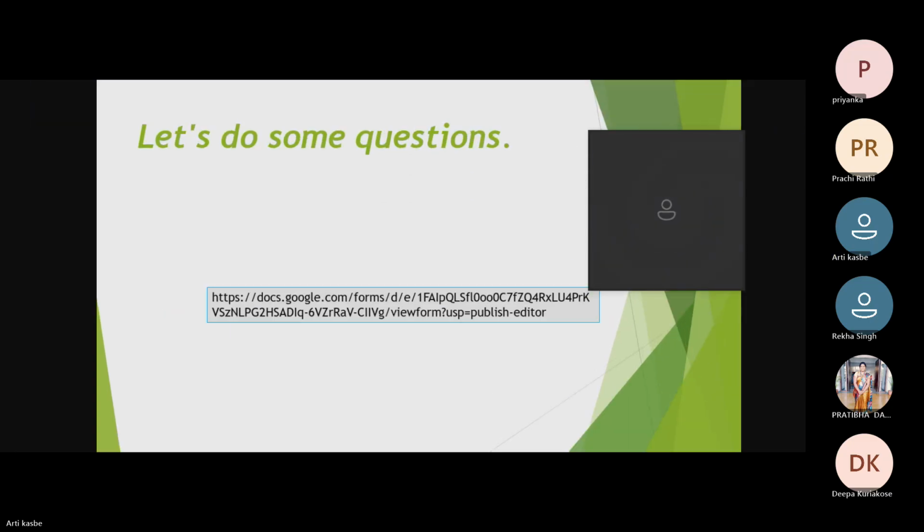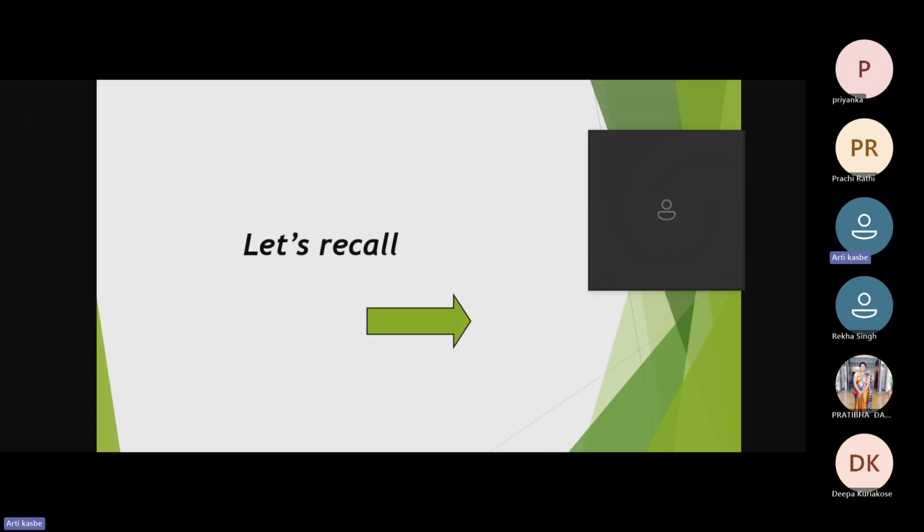Okay, let's recall what we learned in the lecture. Can anyone tell me the definition of a transversal line? A transversal line is a line that intersects two or more other lines in the same plane at two or more distinct points.